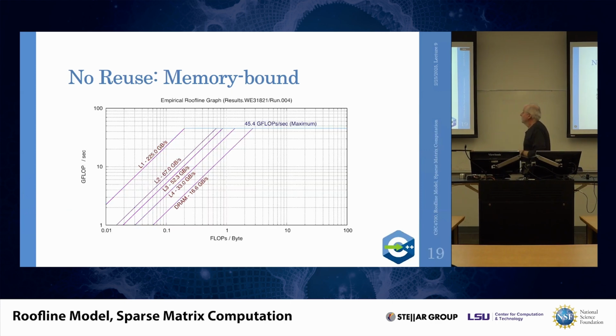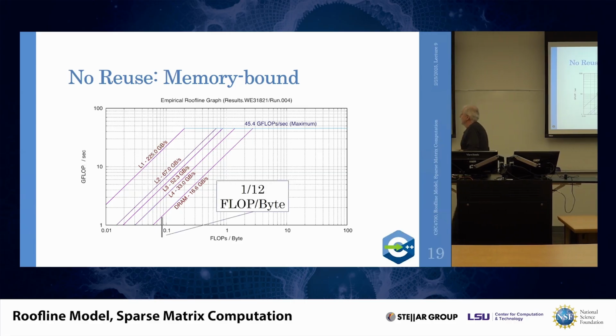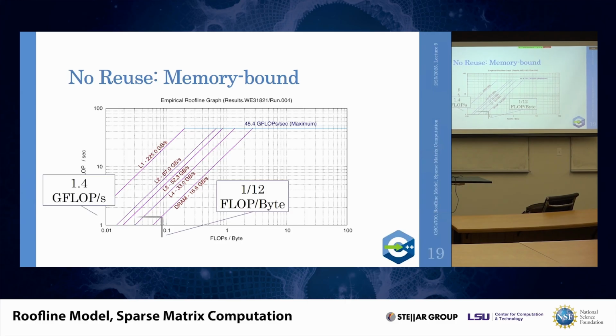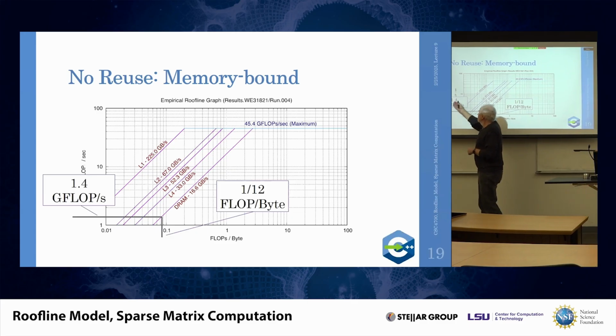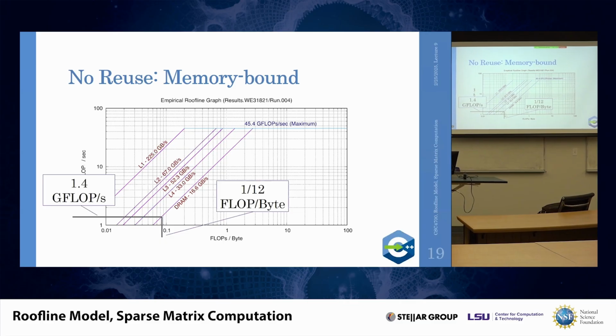Again, let's look at our roofline graph. About 1/12 flop per byte. That gives us a theoretical limit of what we can achieve on that particular architecture of about 1.4 gigaflop per second.